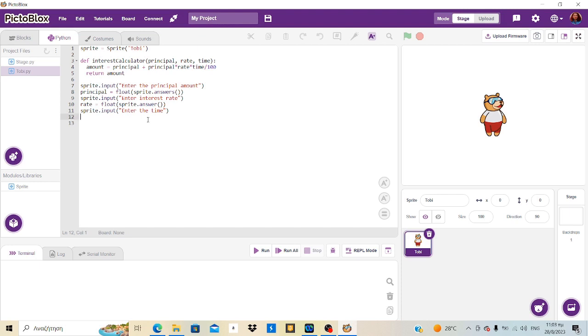So time is equal to float. So sprite answer function.